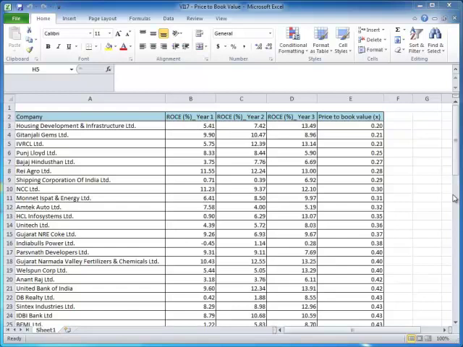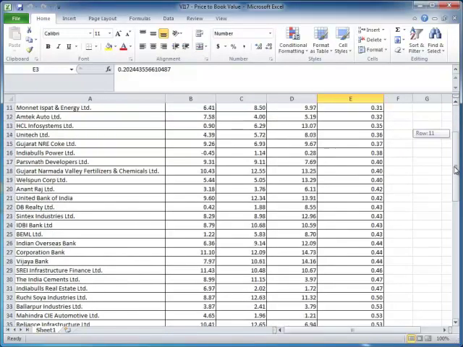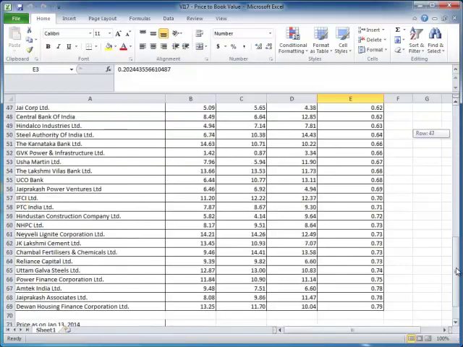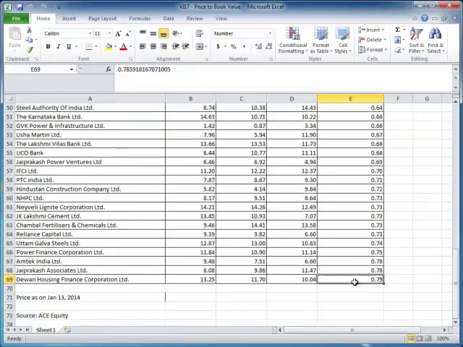This is the entire list of stocks in the BSE universe. We've started with the lowest price to book value, 0.2 here, and gone all the way up to 0.79, just under 0.8. These prices are as of 13th January.